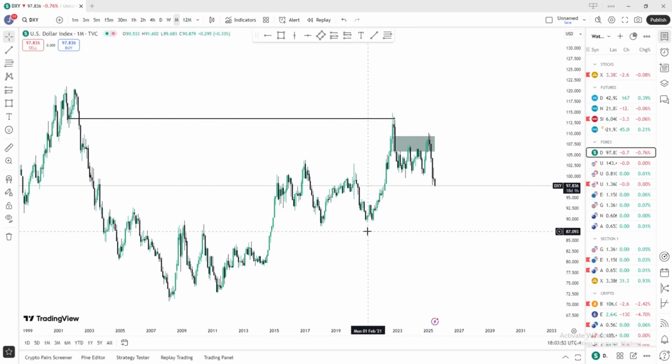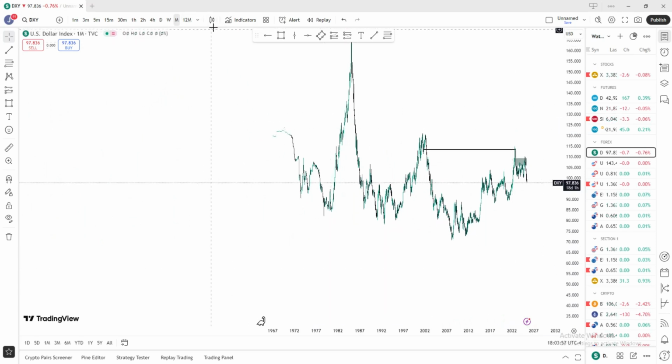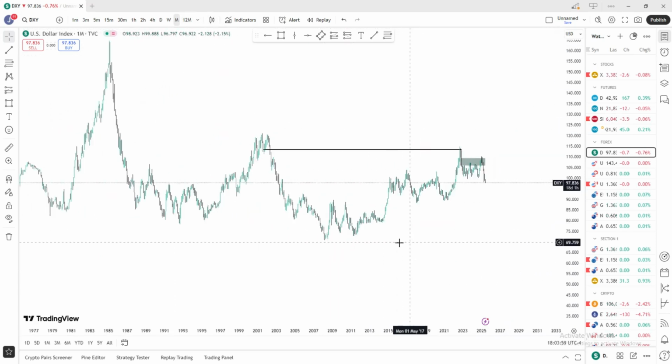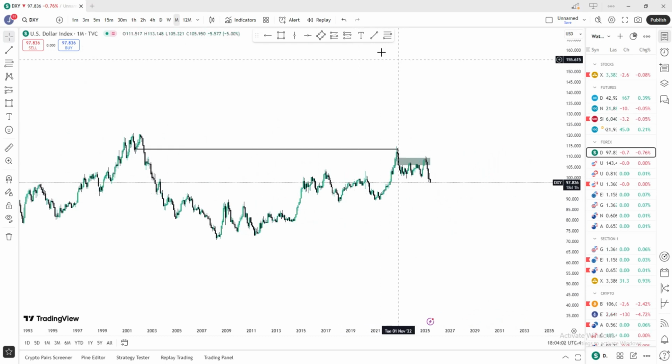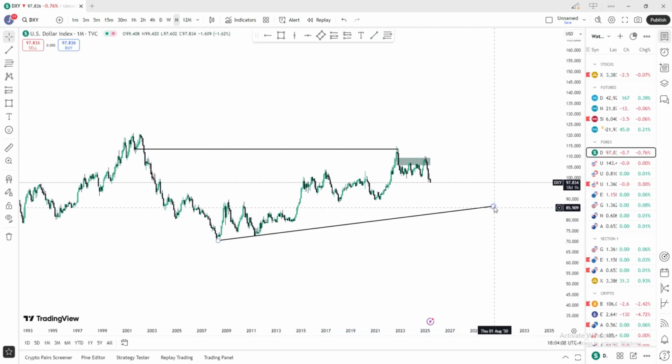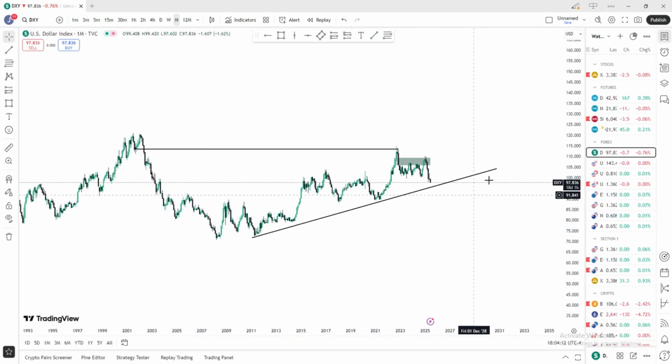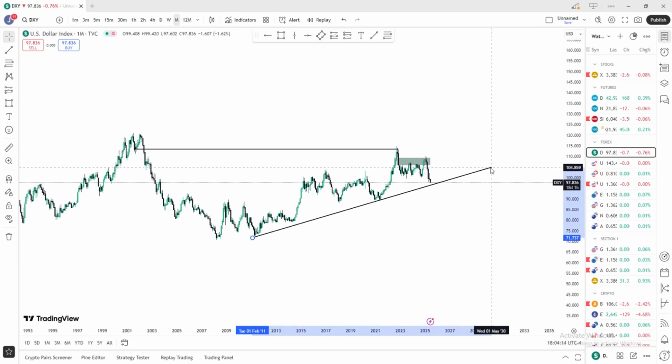But before then, I wanted you to look at something. Let's try put a trend line here to know what we are looking out for. Not this. Let me put it properly from here. Are you seeing this?